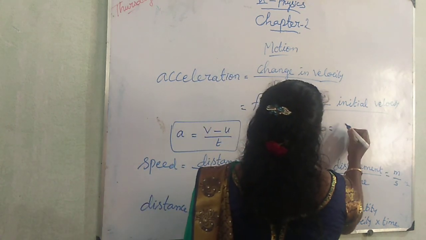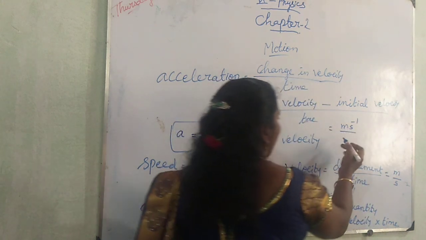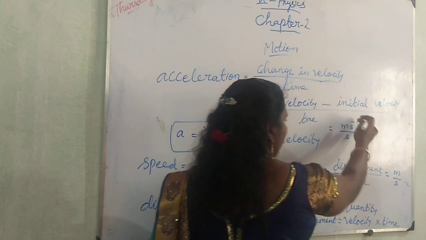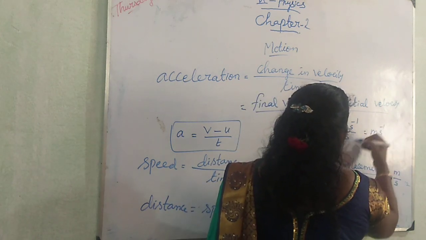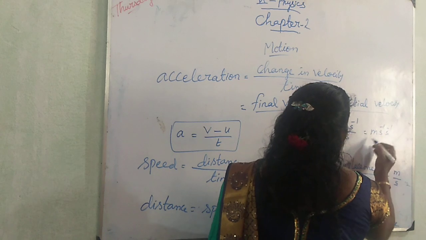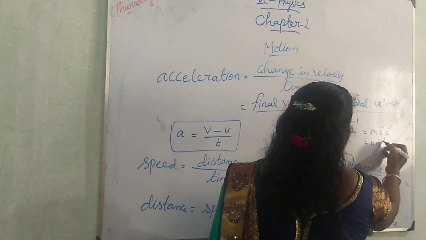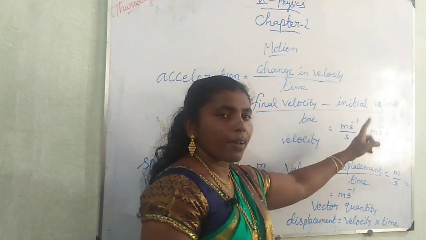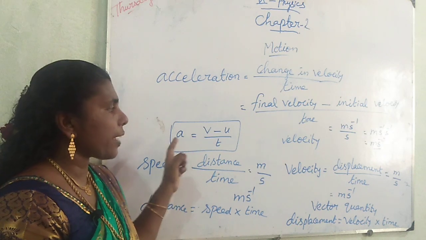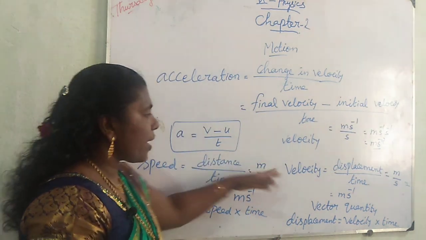So we write meter second power minus 1 divided by time, whose unit is second. Taking the denominator second to the numerator gives second power minus 1, so minus 1 and minus 1 makes minus 2. So meter second power minus 2. The unit of acceleration is meter second power minus 2. What is the unit of velocity?